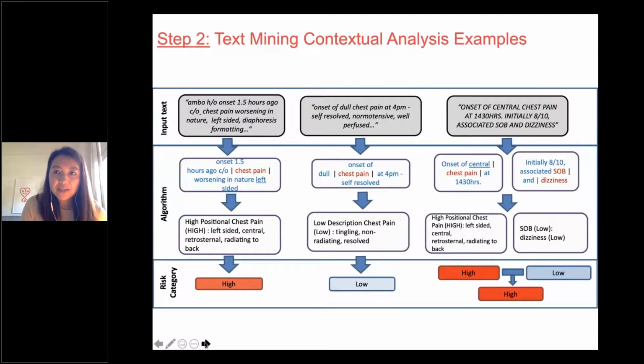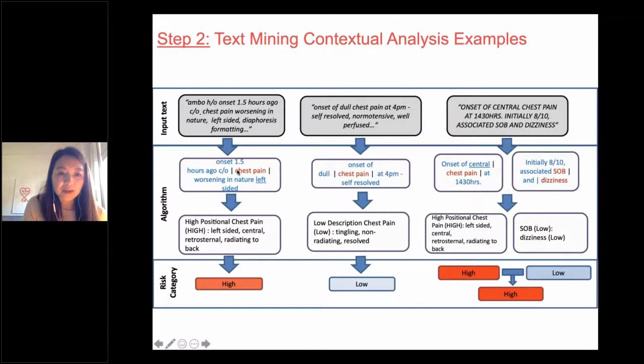The next step was to try and put these into context. We would identify the symptom itself, and then develop rules for our algorithm to classify that particular presentation into high, low, or medium risk of cardiac-related chest pain. Just to show you an example, this is what the triage note looks like: "AMBO, onset 1.5 hours ago, chest pain worsening in nature, left-sided."